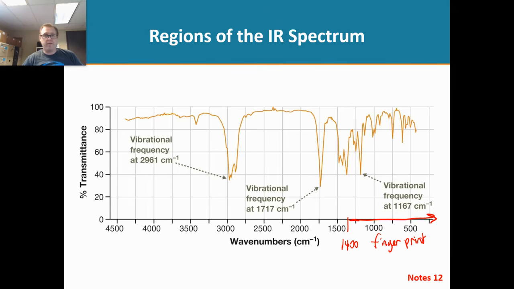And we call it the fingerprint region because every molecule has a unique set of peaks in that region that identifies it. It's just like every human being has a fingerprint, and no two fingerprints are exactly alike. It's not possible. Same thing with molecules. No two different molecules will ever have the same fingerprint region.